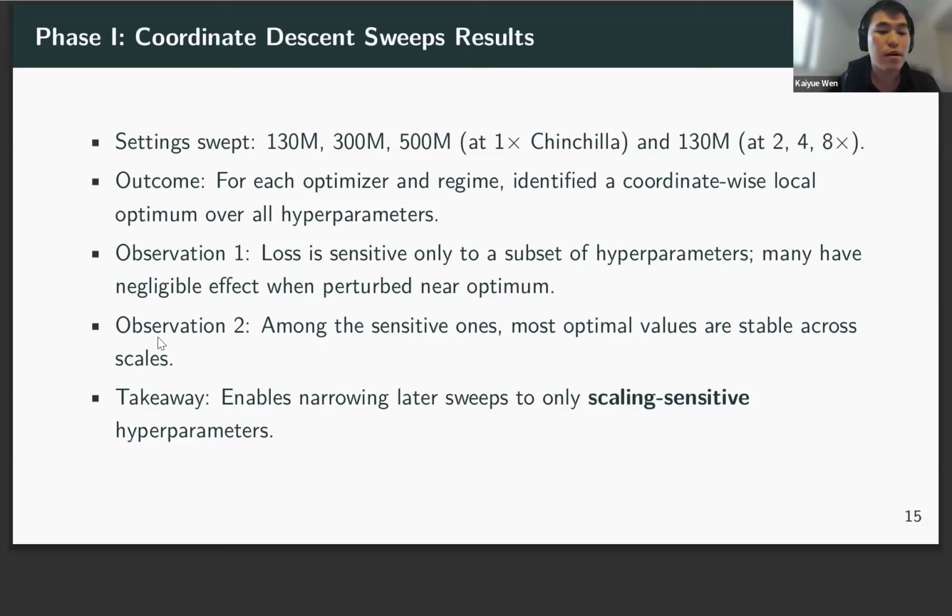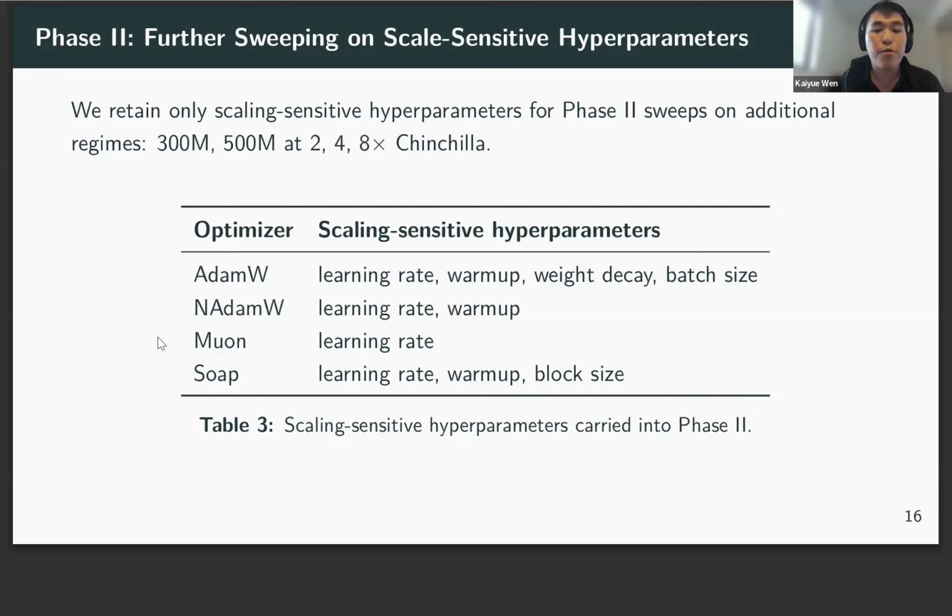And then, to save some of the compute, we only do a narrower sweep constrained to the subset that is both sensitive and also changes with scale. To provide a rough picture of what these hyperparameters are, we show the scale sensitive hyperparameters for the four optimizers here.